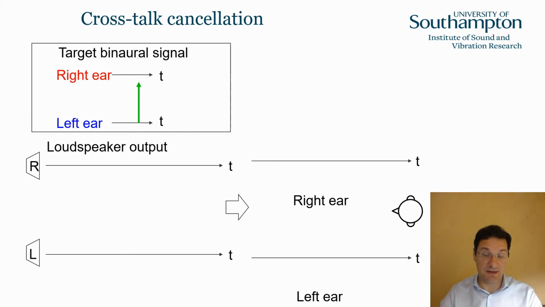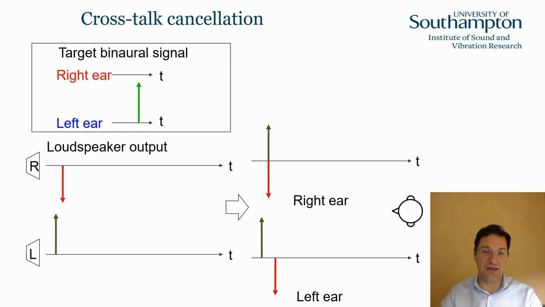So let's do something a bit more clever. Of course, we can generate our pulse. The left ear signal is going to reach the left ear and also the right ear. As we explained earlier on, we can generate a pulse in phase opposition that's going to cancel the signal at the right ear, but also is going to spill, if you like, leak into the left ear.